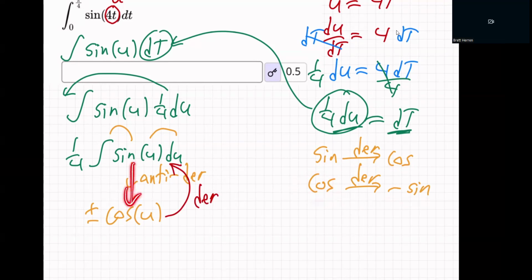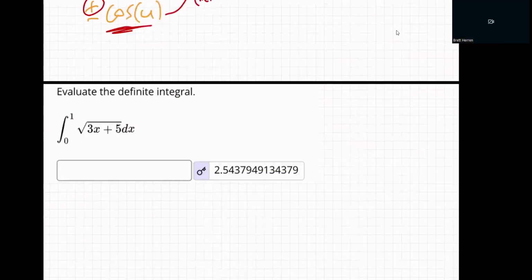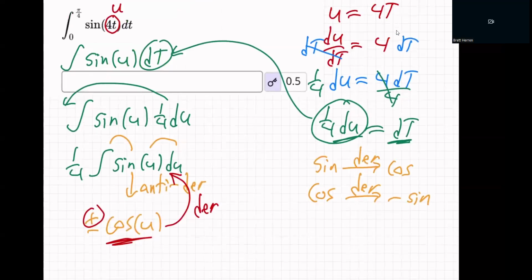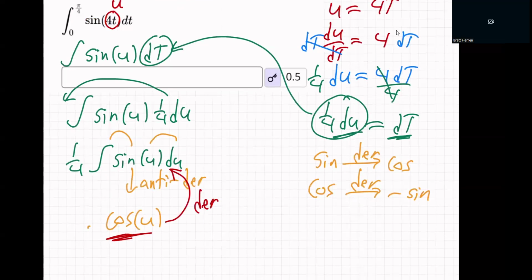If the anti is going this way, then the regular derivative goes back. So if I did plus, the derivative of cosine would go back to negative sine. That's not right. There's not a negative back there. So it's not plus. It must be minus cosine, right?